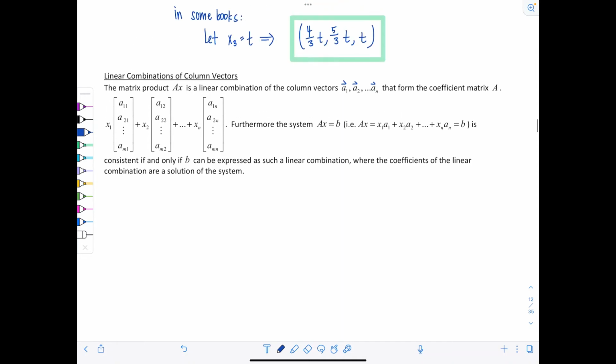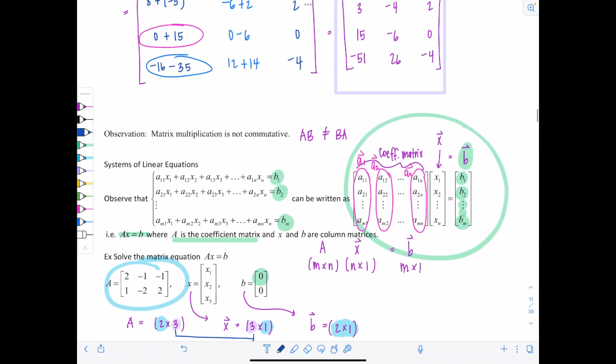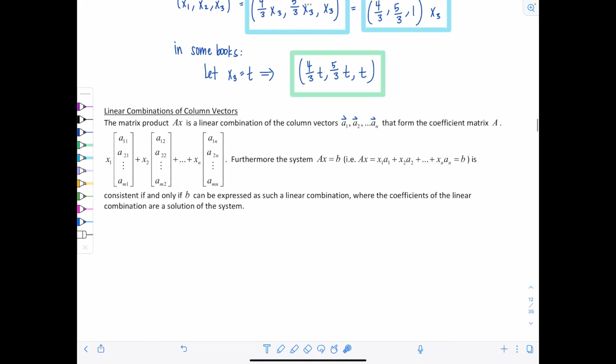So just to revisit that coefficient matrix over here, this is our coefficient matrix A, but each column we can regard as a column vector if we break it up. So this first column, you could look at it as column vector A1. Second column is column vector A2 up to AN. So that's basically what we're doing right here, okay?